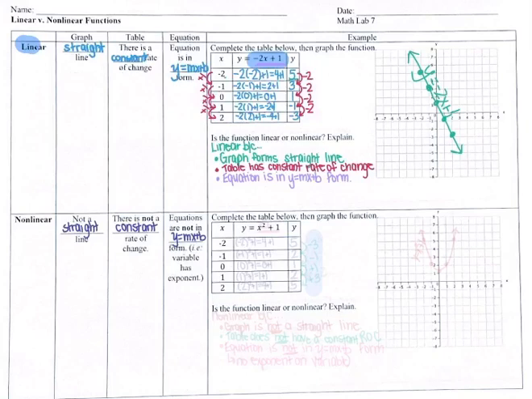So let's look at this table here. Let's fill it in like we did last time. Everywhere we see an x, we're going to plug in whatever x value it tells us to plug in. So -2 squared plus 1. 2 squared is 4, plus 1 is 5. -1 squared, plug it in. 1 plus 1 gives us 2.